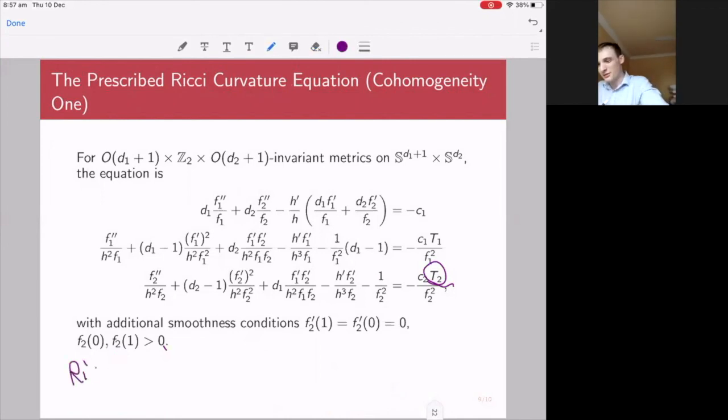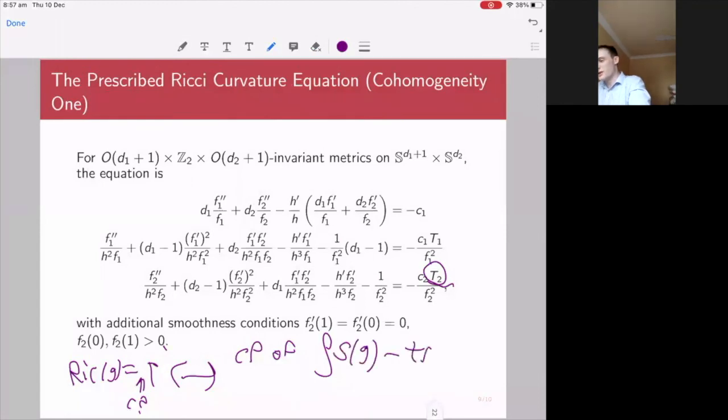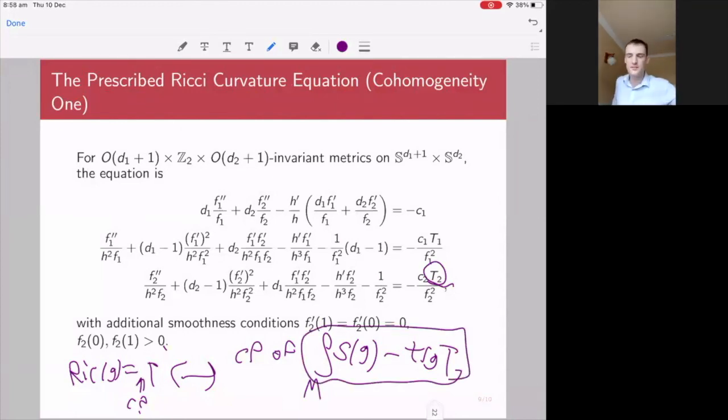It's something like Ricci G equals T. So this is one problem with it: it talks about solutions of the problem without the scaling constant. So Ricci G equals T if and only if it's a critical point of, I think, this functional. You have to try and find a critical point of this particular problem here.